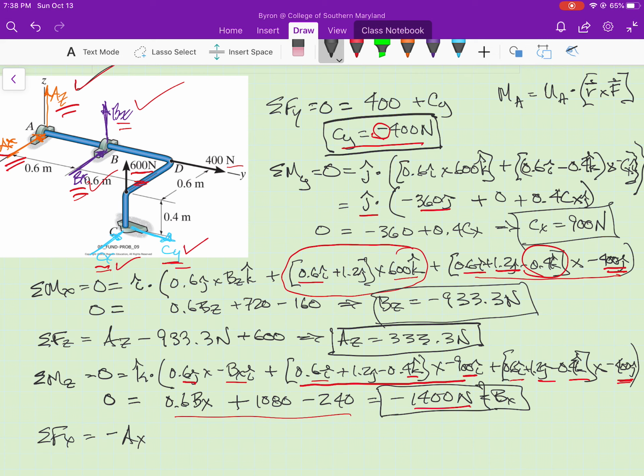So it's going to be plus the 1400 newtons, and then plus c sub x, and c sub x is 900 in the negative x direction, so it's going to be minus 900. So I solve for a sub x, and I get 500 newtons.